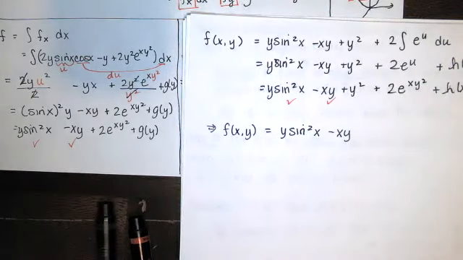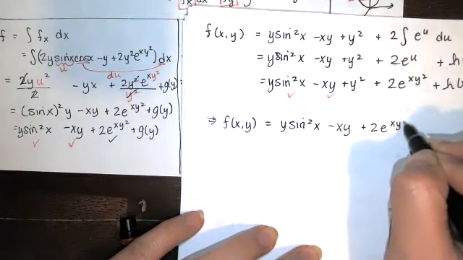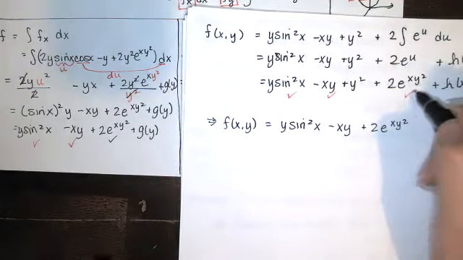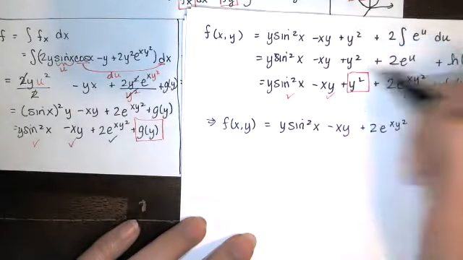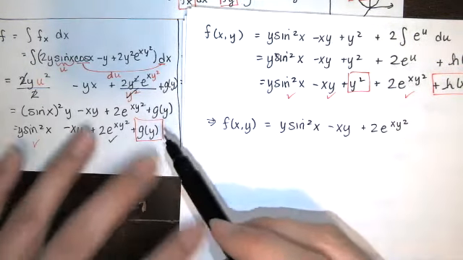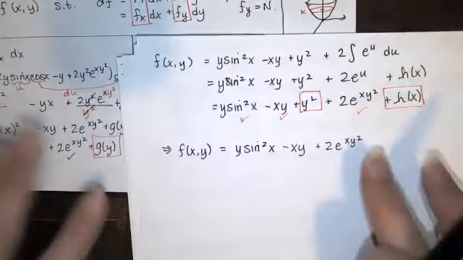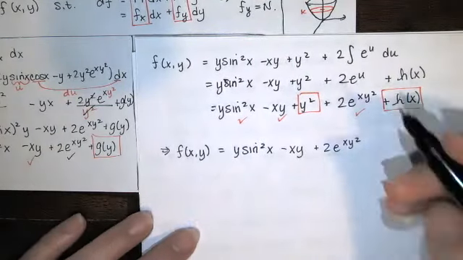It also has this 2 times the exponential e to the xy squared in it. And then the parts that don't match are the g of y and the y squared plus h of x. Well, if g of y is y squared plus a constant and h of x is the constant, that will work.